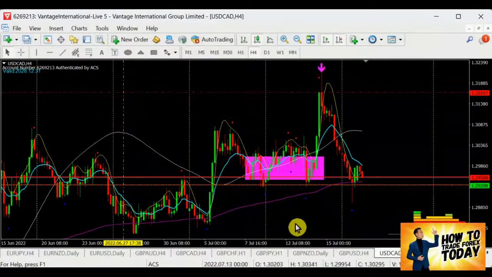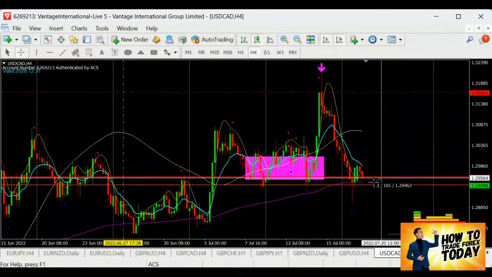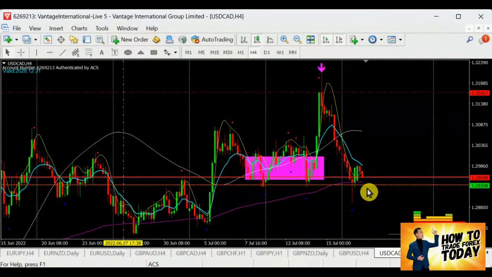By looking at this dollar cat, we have about 15 pips away from the support. If we can break this support with a new resistance below like this, then we can start selling on dollar cat. So I'm going to put dollar cat into my watch list.